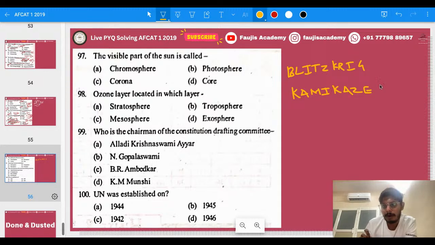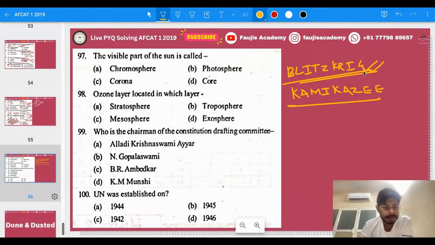What are these two? Read about it. What is Blitzkrieg and what is kamikaze? The then German chancellor Hitler leveraged the Blitzkrieg methodology to thwart his enemies.